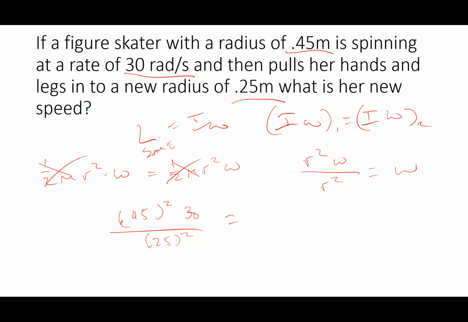Plug that all into your calculator and you get 97.2 rads per second as your answer. So the key is L stays the same. If I goes up, omega goes down.